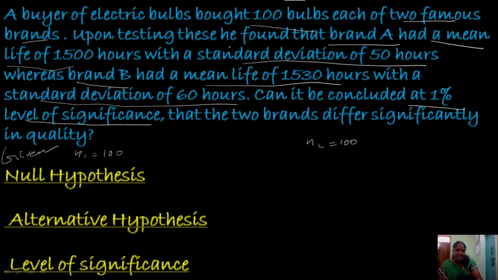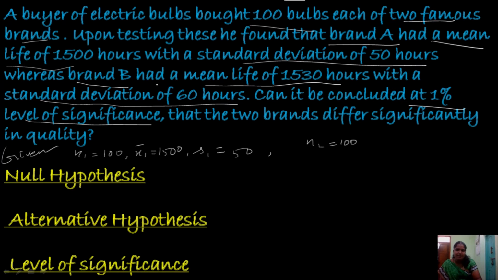Upon testing these, he found that brand A had a mean life of 1500 hours. That means x1 bar is equal to 1500, with a sample standard deviation represented as S1. S1 is equal to 50.